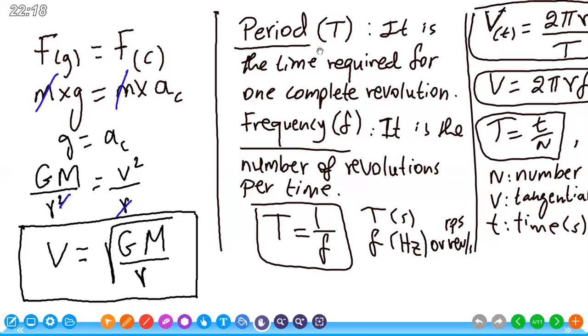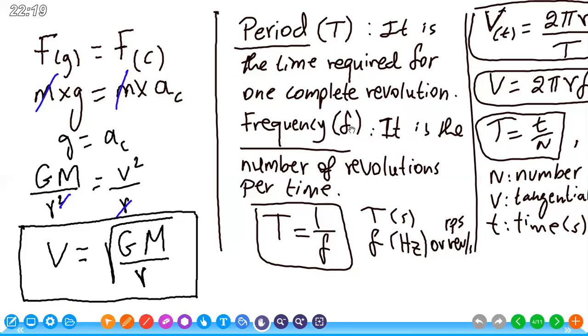The new objective is to remind you of something that we took last year about period and frequency. Remember, we took in grade 10 that period is the time required for one complete oscillation, and also the time required for one complete wave. Today, we are going to take it as the time required for one complete revolution, one complete rotation, one complete turn, one complete cycle.